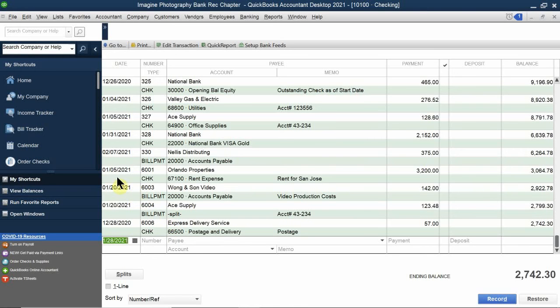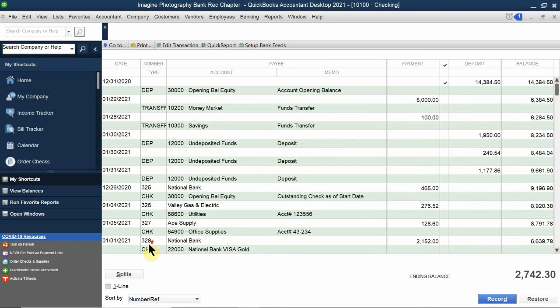28, 2021. Here you go. I did a transfer into my savings account, $100.